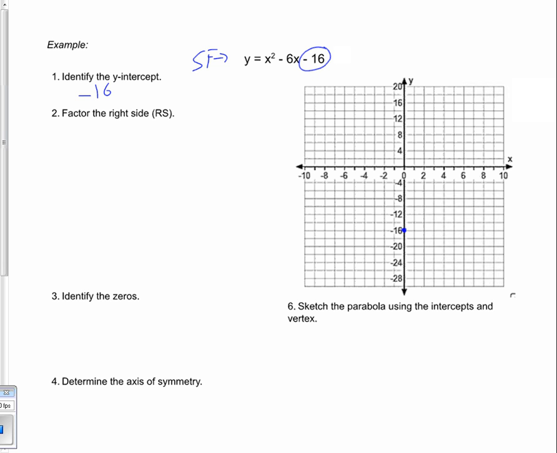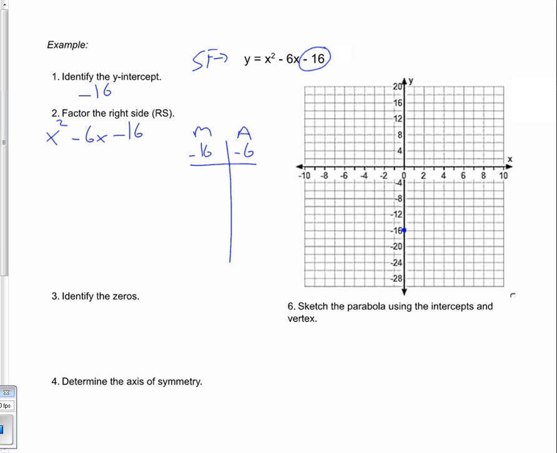The second part says factor the right-hand side of the equation. So the right-hand side is x squared minus 6x minus 16. And so what I'm going to do is I'm going to just quickly correct that so that it's a little more legible. Okay, and so in this instance, I'm looking for 2 numbers that are going to multiply to negative 16, but are going to add to negative 6.